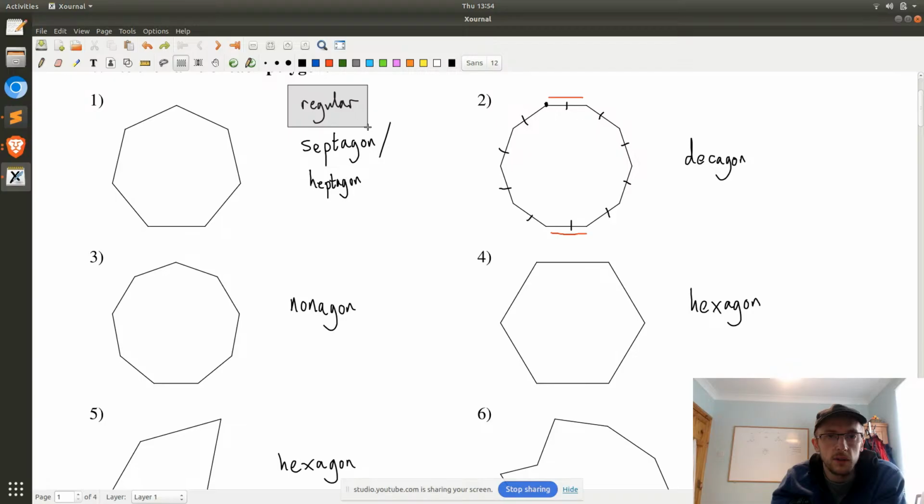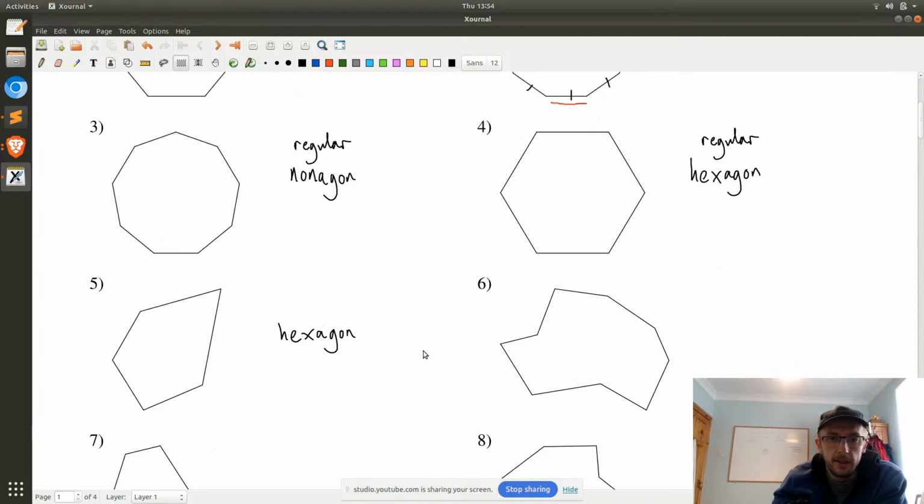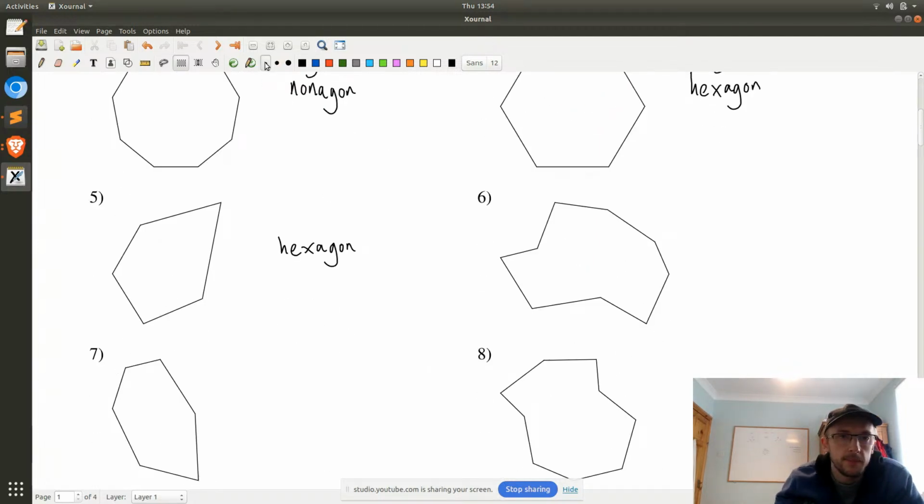That's interesting. Okay, that's regular. That's a regular nonagon. That's a regular hexagon. And here, this is an irregular hexagon, as the sides and angles don't all match.